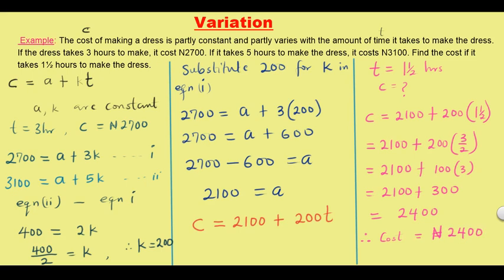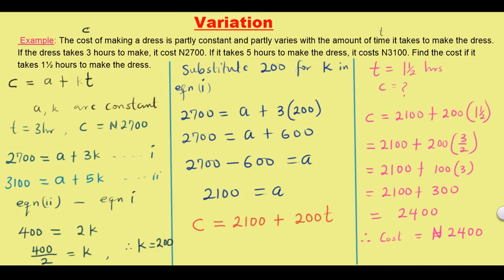So we've been able to answer a question on variation, taking note of first establishing the relationship between the given variables. There are 4 types of variation. They are direct variation, which explains that as one variable increases, the other increases. We have inverse variation, which tells us that as one variable increases, the other decreases.